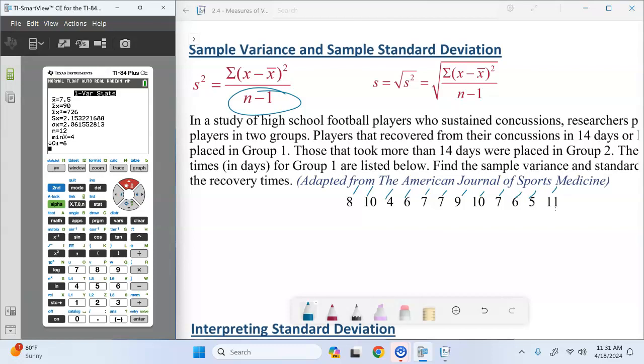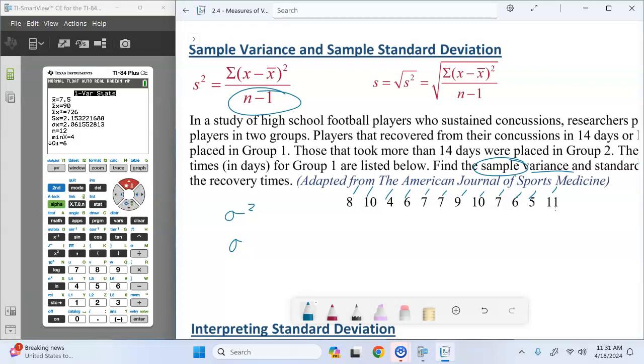So since we're dealing with a sample, we want the sample variance and the sample standard deviation. So we want our variance, which is standard deviation squared, and we want our standard deviation.